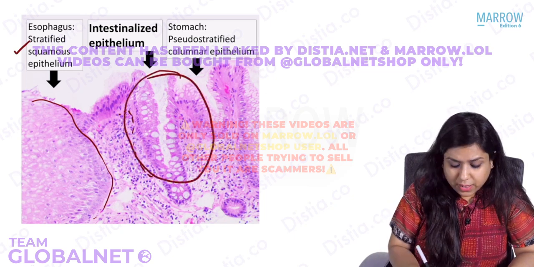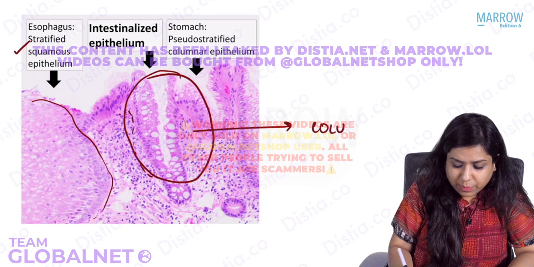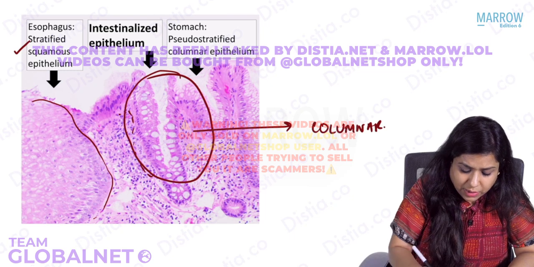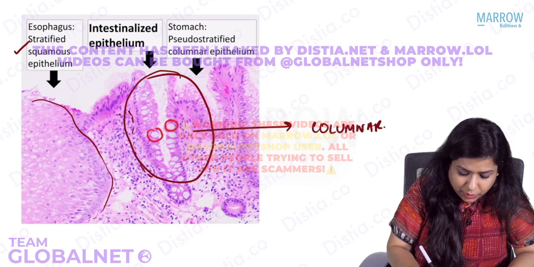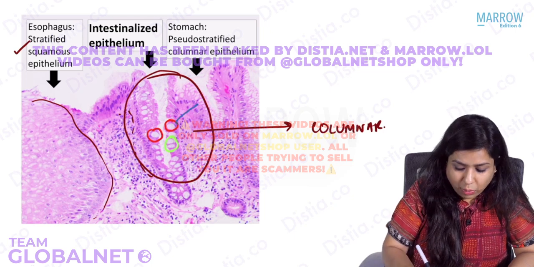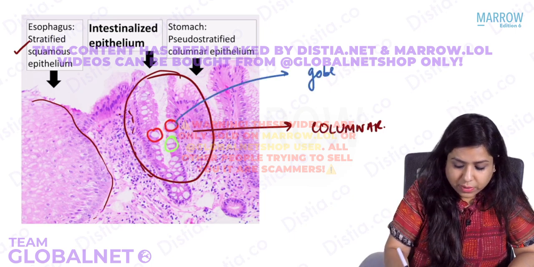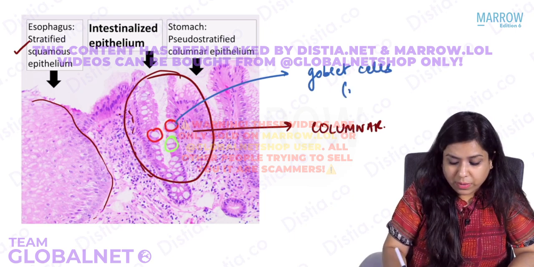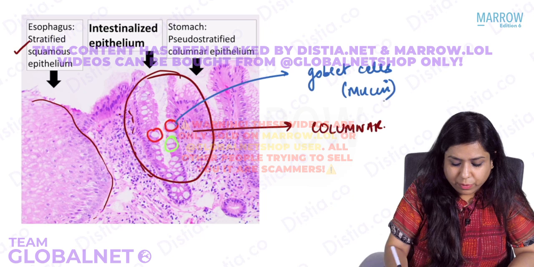What is this? This is actually columnar epithelium. And can you people appreciate these empty looking cells which are there? These empty looking cells, right? What are these cells, students? These all are goblet cells. And what do the goblet cells contain? Goblet cells contain a lot of mucin.